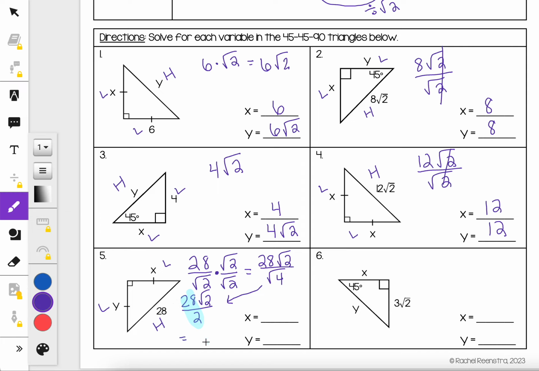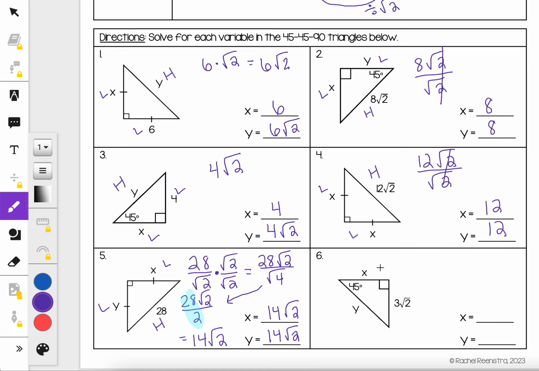So 28 divided by 2 is 14. And then I'm left with that square root of 2. So both of my legs are going to be 14 times the square root of 2. Okay, again, this process is called rationalizing the denominator. We do this because we're not allowed to have radicals in our denominator.